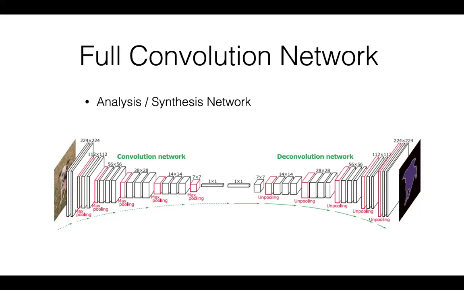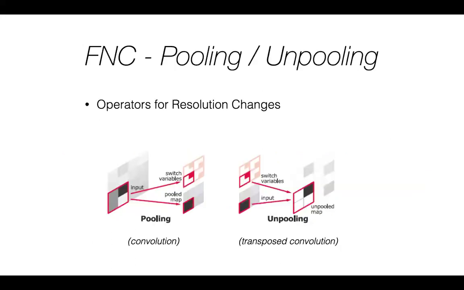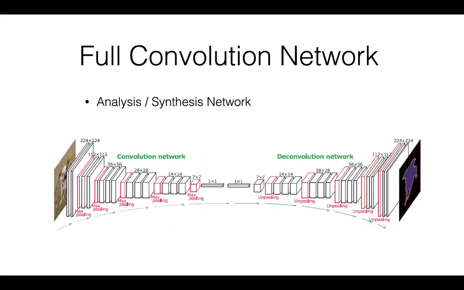And so basically, we need to introduce the general operations that do a change of resolution. So we had pooling and convolution, but to do the reverse, we have unpooling and the transposed convolution. And when you have that, it's easy to implement this kind of structure, right?